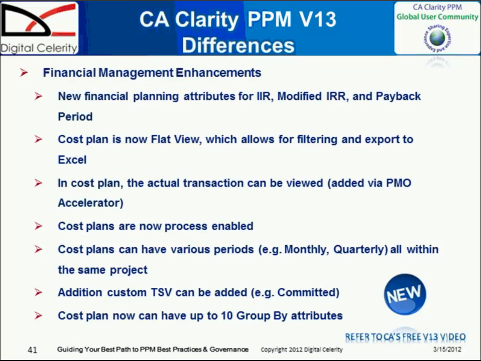Cost plans are now process-enabled, which is huge, because now you can actually take a cost plan and enable it through the process engine and create a process where you can update fields and utilize a kind of workflow within Clarity. Cost plans can now have various periods within the same project, so you can vary the periods within a project. Custom TSVs can be added, and the cost plan can now have up to 10 group-by attributes.